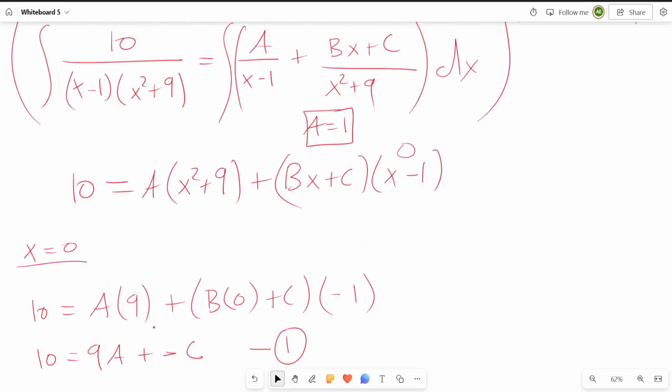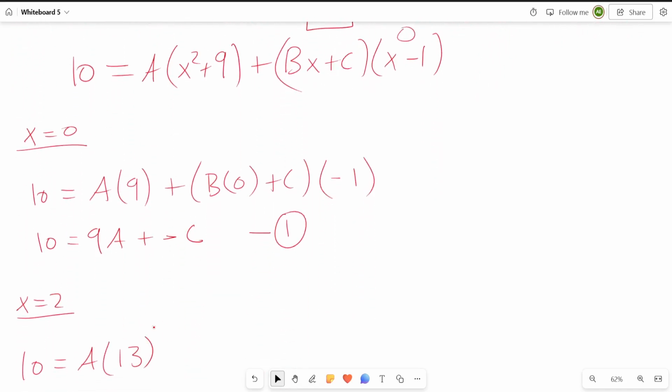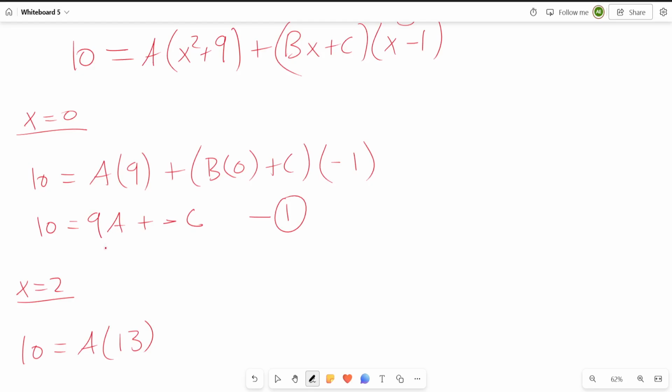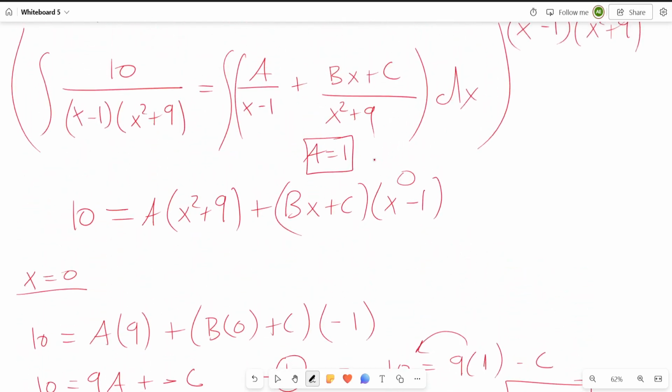And I know that my A value is 1. So from here I can say that 10 equals 9 times 1 minus C. Moving this 9 to the other side, 10 minus 9 is 1 equals minus C. So this gives me a C value of minus 1. Actually, I can find C straight away. So C equals minus 1.